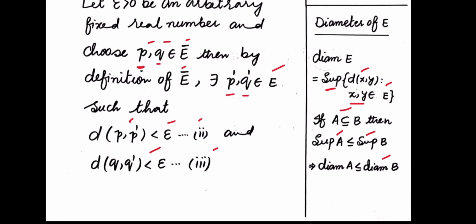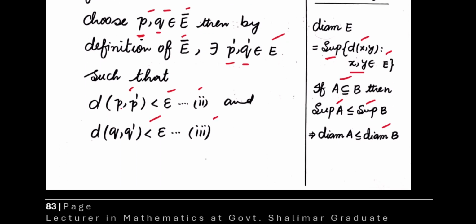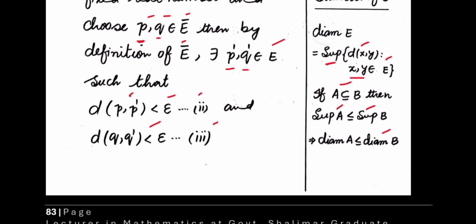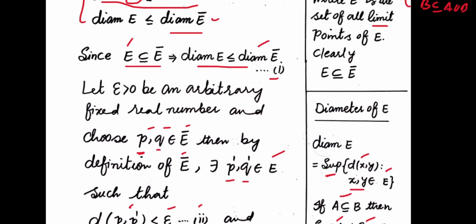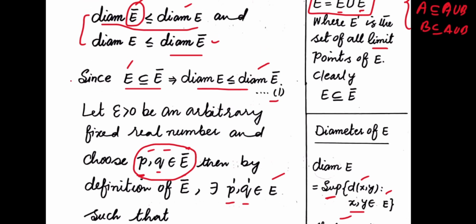Next, I will use the triangle inequality between the 2 points P and Q, because I have taken these 2 points P and Q from set E closure, and I have to show the diameter of E closure is less than or equal to the diameter of E. So to prove this, I will find the distance of these 2 points by using the triangle inequality.